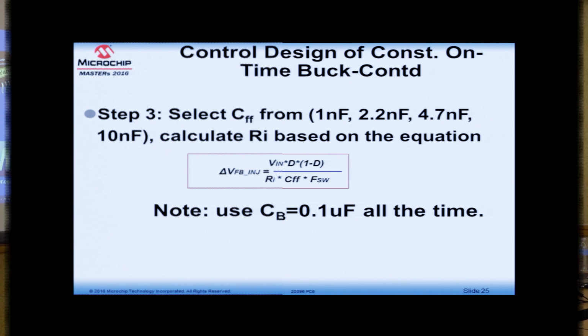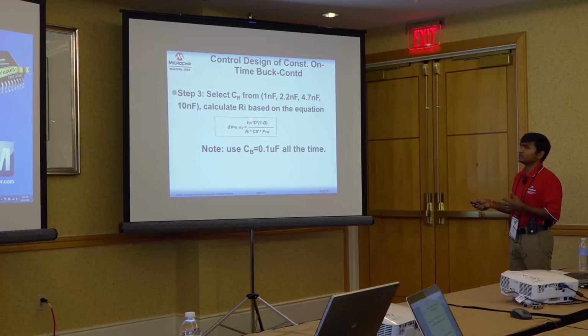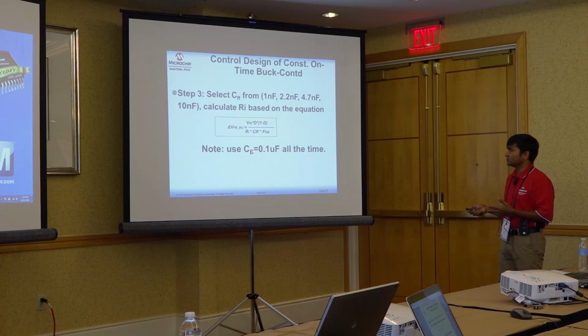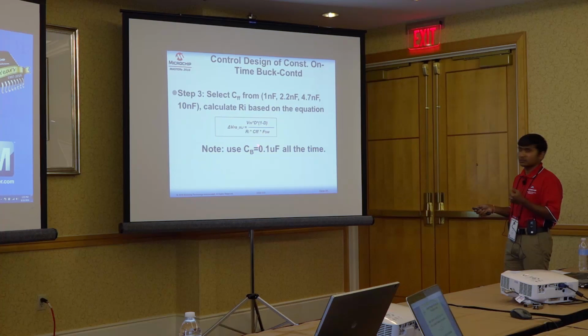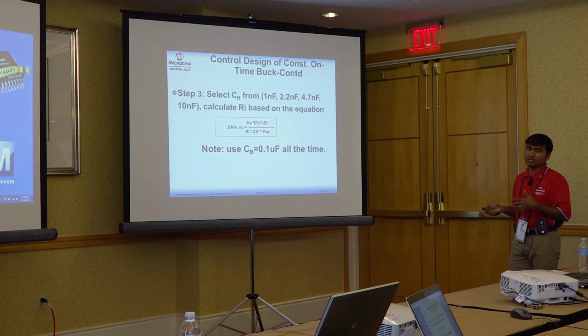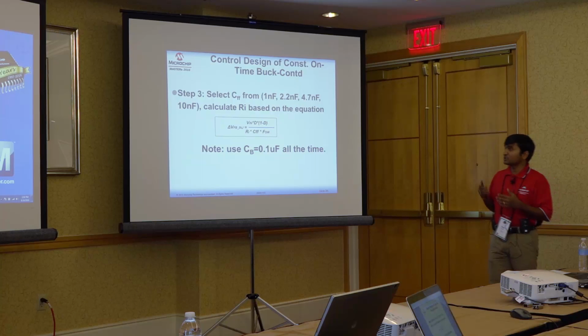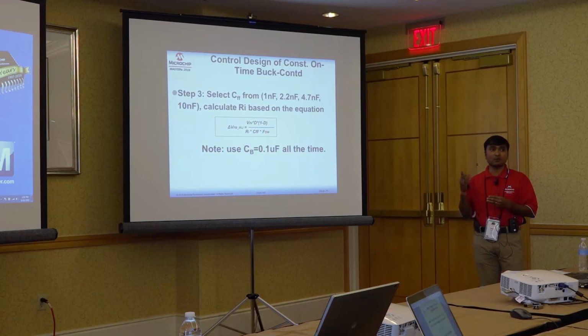You can choose either one, and you can calculate the ripple injection resistance based on this equation. In most cases, as a rule of thumb, the blocking capacitor is 0.1 microfarad, that is what we recommend. It makes the system stable for a wide variety of input voltages, but still some optimization is possible by varying this blocking capacitor value.